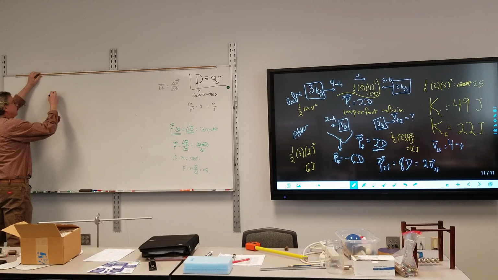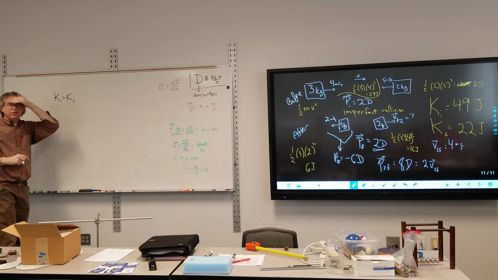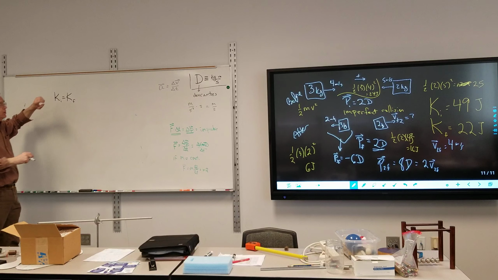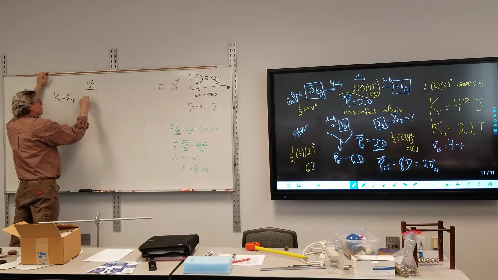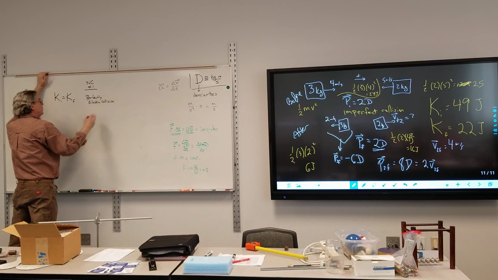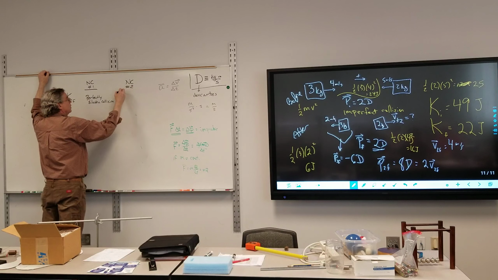If the initial kinetic energy is equal to the final kinetic energy, there are two traditional naming conventions, and then I've created a third one. Under naming convention number 1, this is a perfectly elastic collision. Under naming convention number 2, this is an elastic collision.